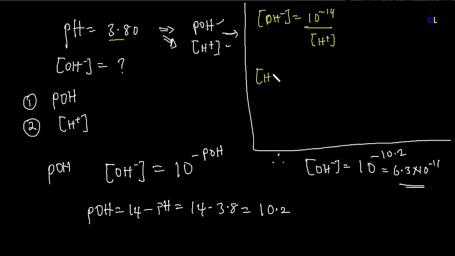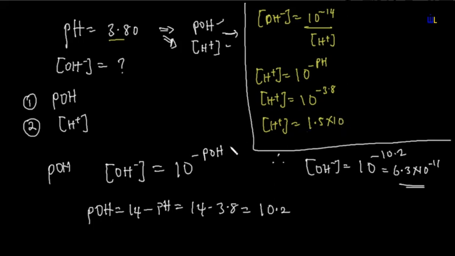The concentration of hydrogen is 10 raised to power negative pH. So the concentration of hydrogen ion is going to be 10 raised to power minus 3.8, and that gives 1.58 times 10 raised to power minus 4.